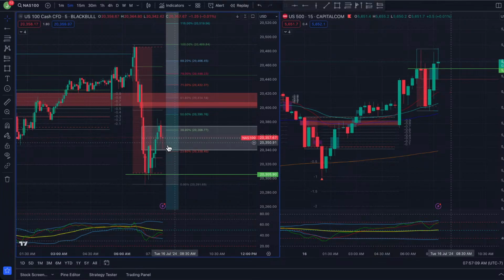Getting a lot of wicks. 2 minutes 44 seconds for this candle close. US 500 swept, installed.